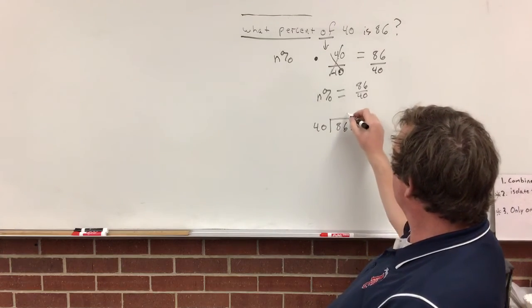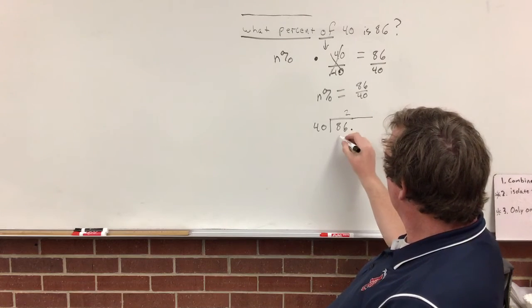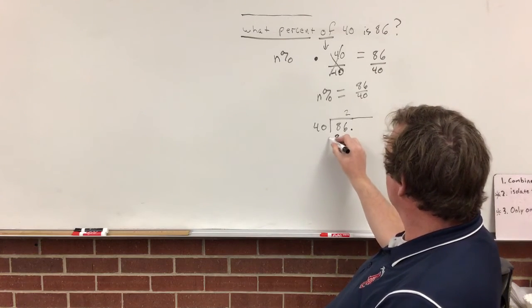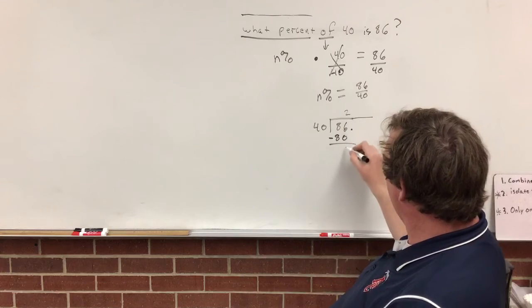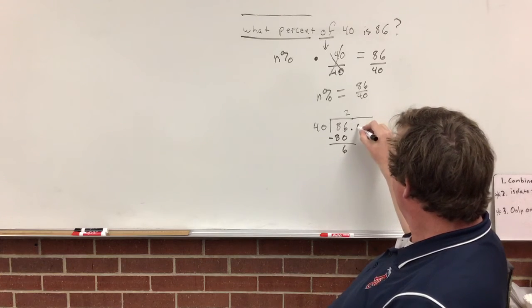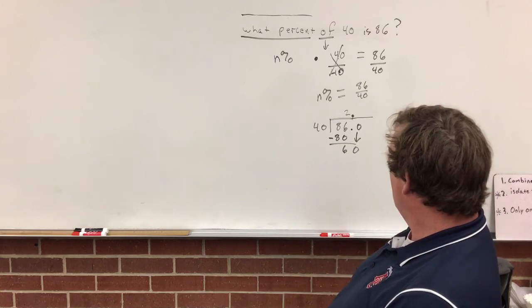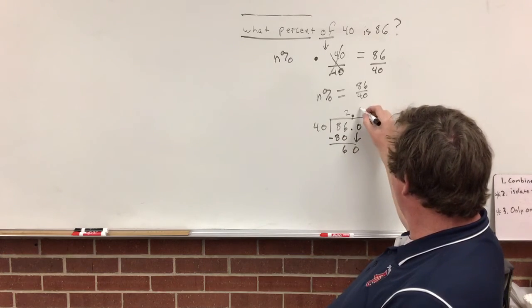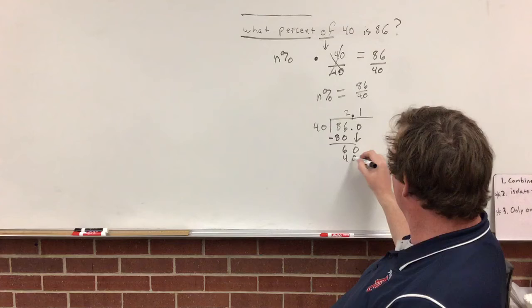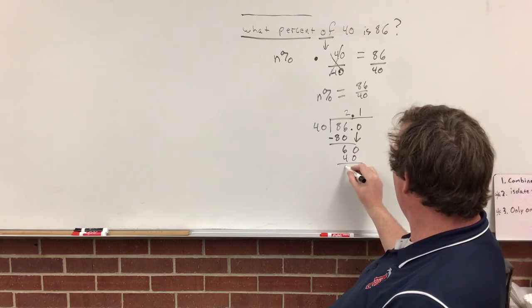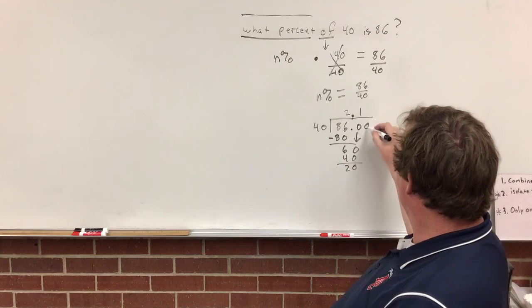40 goes into 86. I'm going to say twice. 40 times 2 is 80. When I subtract, I get 6. Now that decimal and a 0 comes into play. All right. 40 goes into 60 once. When I subtract, I get 20.